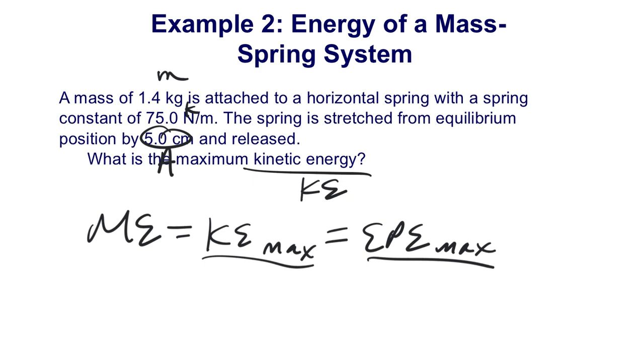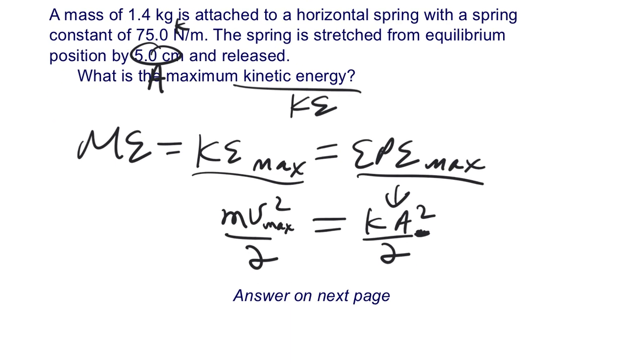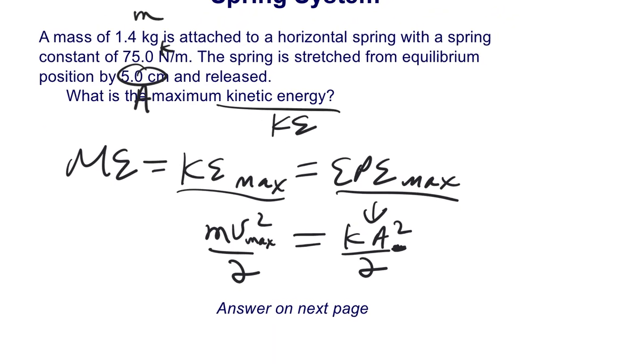So what do I have? I can find this. That'd be KA squared over 2, if A is maximum. Oh, wait, I don't have to solve for v.